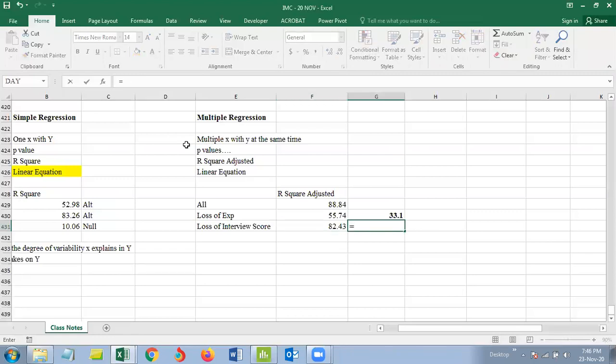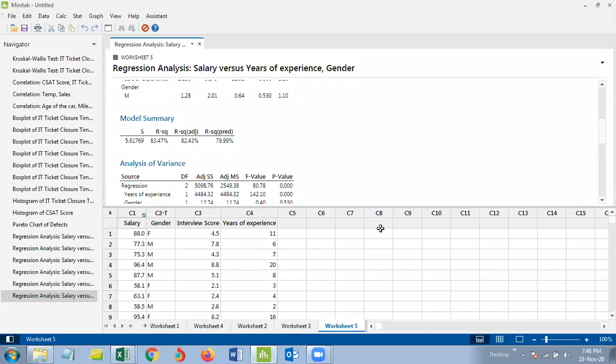That doesn't seem to be very big, but still, okay, 6%. I'm not saying it's not a big value, but not as big as this one. So experience is definitely a very big factor. Interview score has less role to play, but still a significant one. But this is also alternate, and these are significant. 6% is not small.